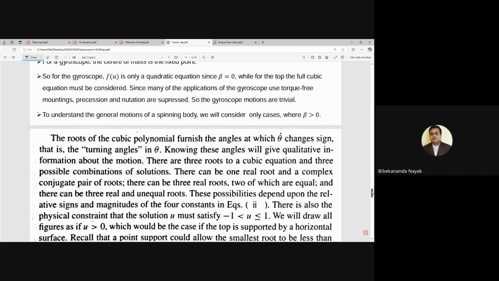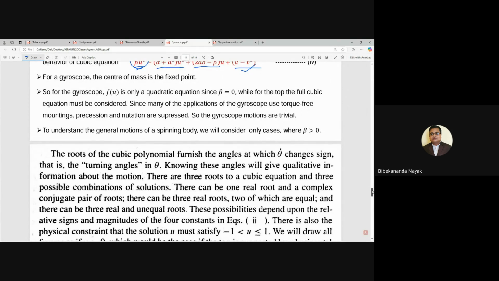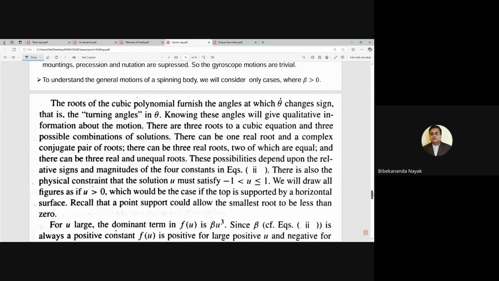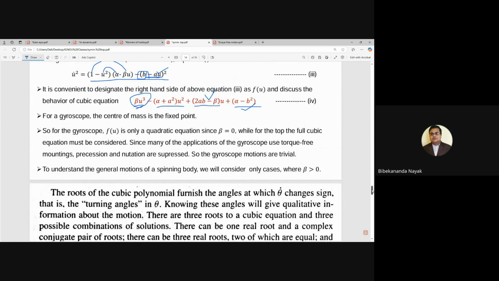So the roots of the cubic polynomial in angle theta are the turning angles theta. Knowing these angles will give qualitative information about the motion. From this, we have to know the turning angles, because how do you know turning angles? Examine this function.